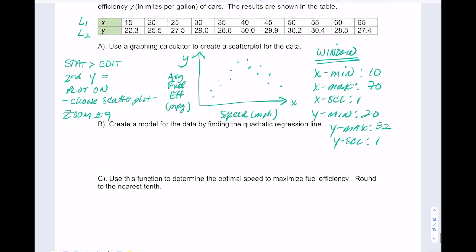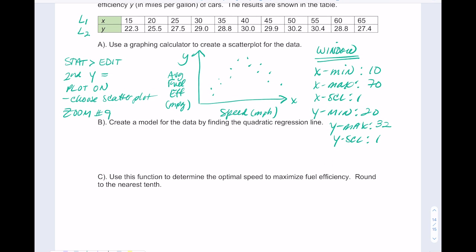So now if I want to create a model, that means I actually want the regression line. I want an equation that models that relationship, that's somehow going to tell me, if I was to draw a curve through it, I want to use it to estimate and predict things. To do that, you're going to go back to the stat button, but this time you're going to go to calc, and you're going to choose calc number 5. It's quadratic regression.